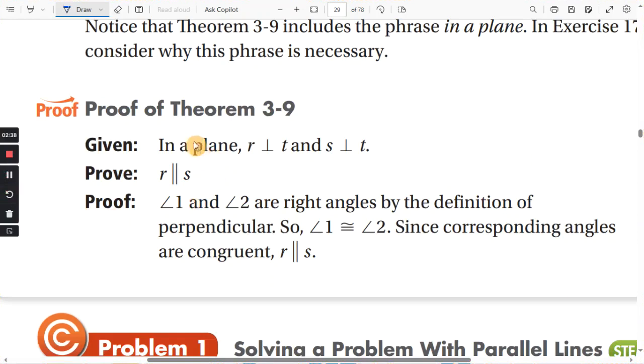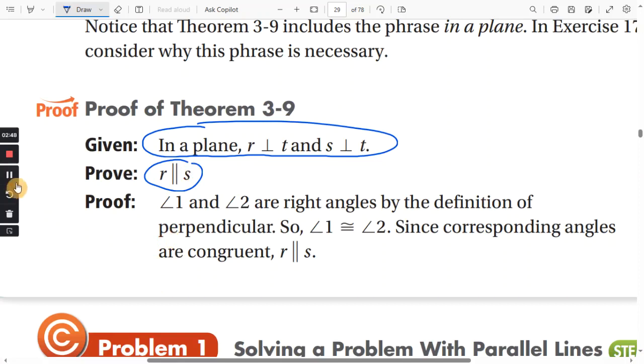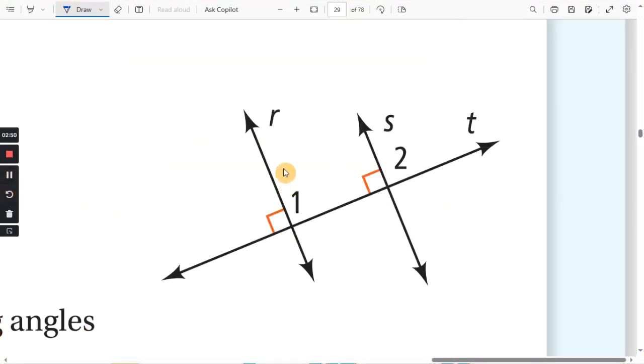All right, let's try this real quick. They're saying given in a plane, R is perpendicular to T and S is perpendicular to T. Prove that R is parallel to S. Let's take a look. All right, right here we see that R and T are perpendicular. We see that S and T are perpendicular.